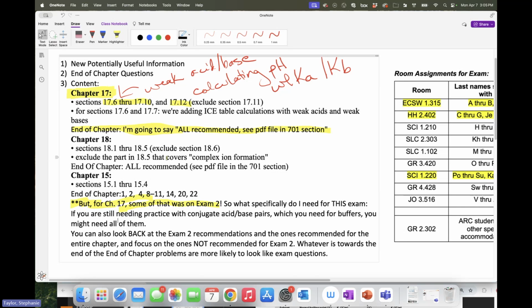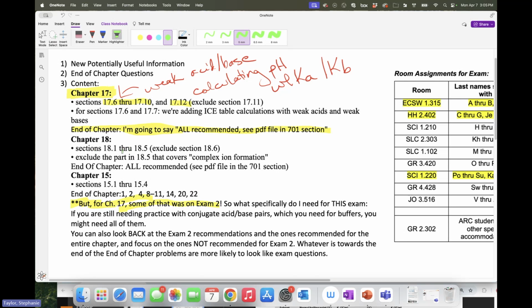So even though there are some things that we specifically asked on exam 2 that we won't ask exactly that question on exam 3, you need all of that information. On exam 2, we had a question that was something like, if this is your acid, please pick the conjugate base out of a set. We won't do that now. Now we're going to do things like, you have these two things, tell me what the pH is, and you need to recognize that they're a conjugate acid base pair of each other, and that therefore it's a buffer. So I'm just going to say that all those questions are valid.